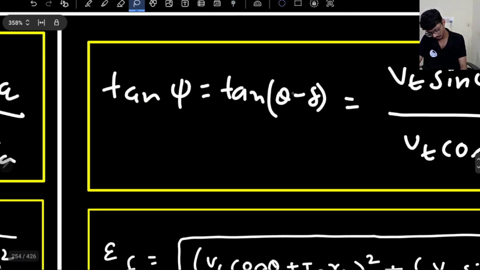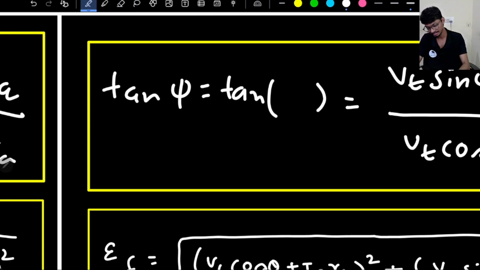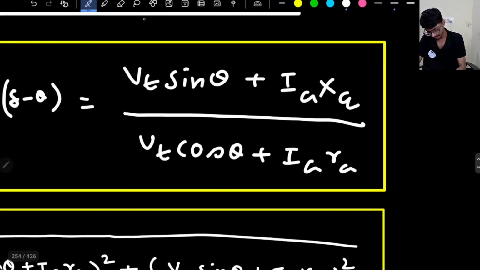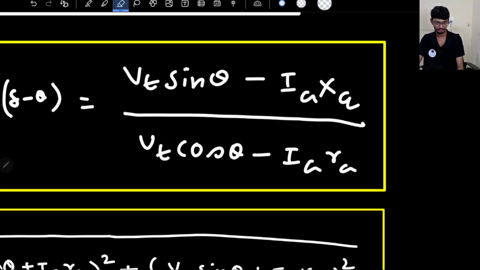Theta will be opposite, because IA has become minus IA. So this will be delta minus theta. Here this will be minus IQXQ, and this will be minus IRA.